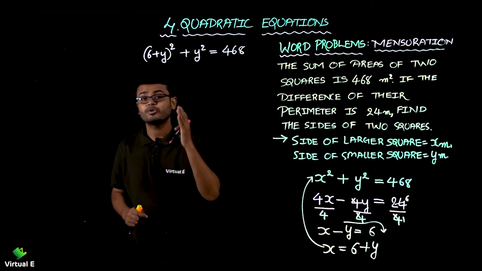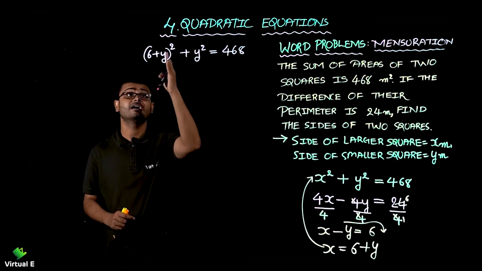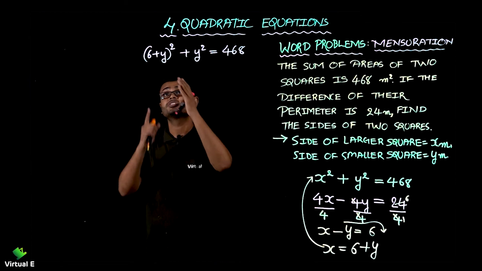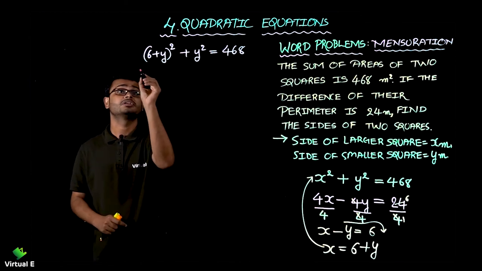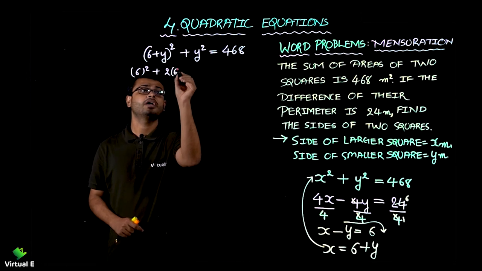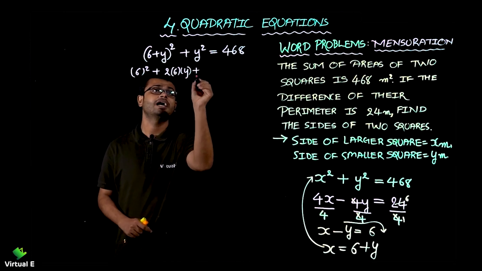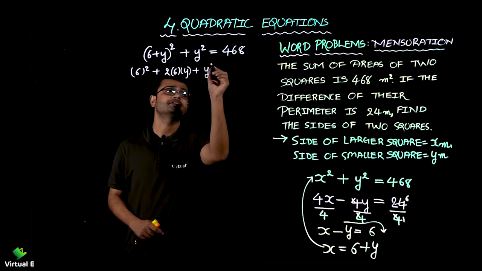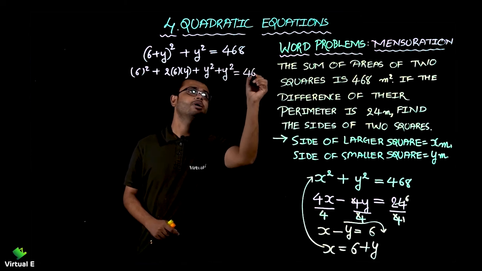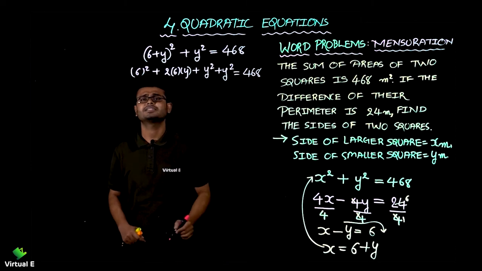Simple. Now let's do the square. Which identity am I going to use for this simplification? A plus b whole square. So a square, which is 6 square, then 2ab, then b square, which is y square, then y square as it is, and 468 as it is.